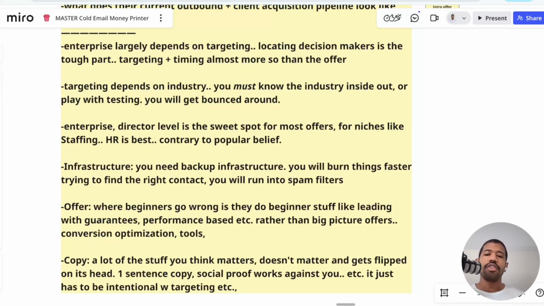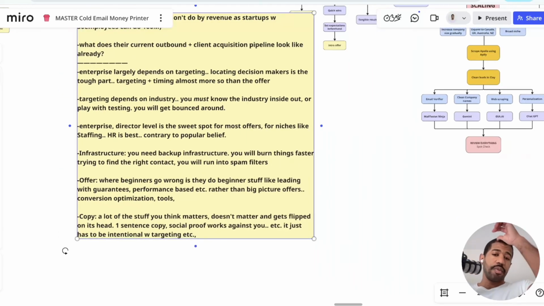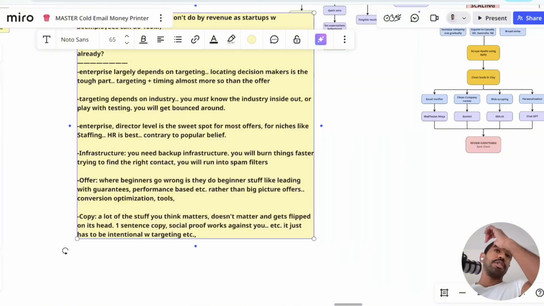So there's that. Now, that also affects the copy, right? A lot of the stuff you think matters in copy at the enterprise level does not matter, and it actually gets flipped on its head. Nowadays there's this trend of shorter emails, and sometimes if you're targeting the right person, you can get away with a longer email and introducing yourself.